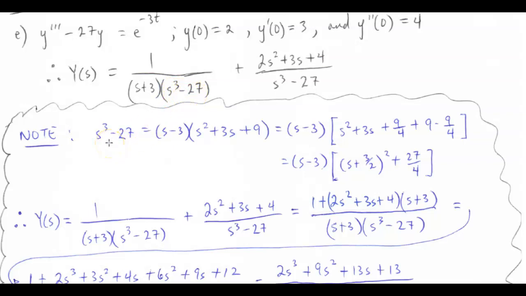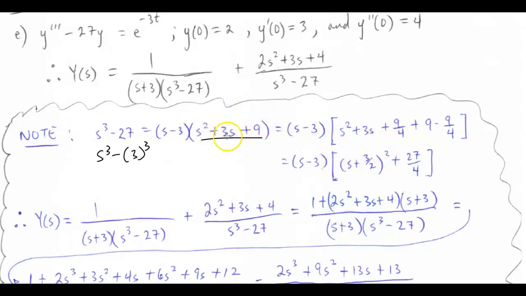And we know that because s cubed minus 27 is just going to be s cubed minus 3 cubed. So I'll go ahead and write that here. So this is s cubed minus 3 cubed. And so, of course, this factors out where we have this irreducible quadratic factor that can only be factored into complex numbers.